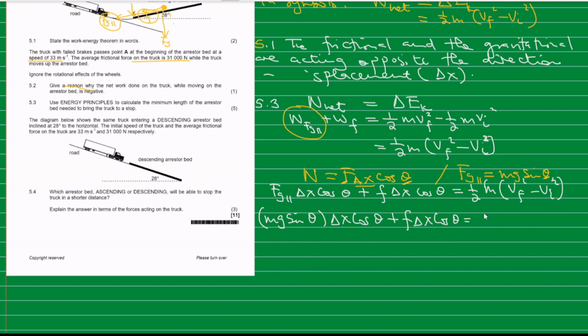We get the answer, the change in kinetic energy, half m, v final squared minus v initial squared.